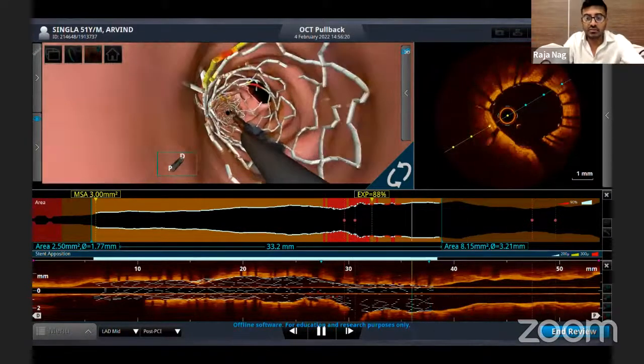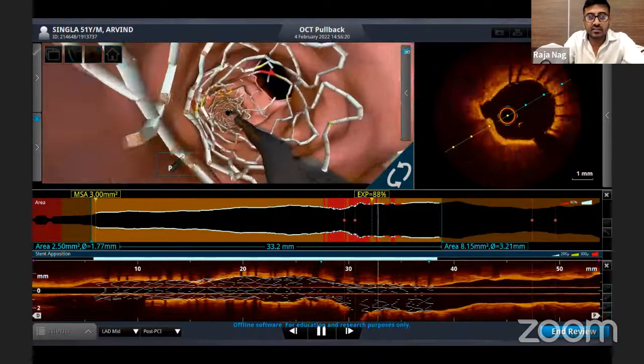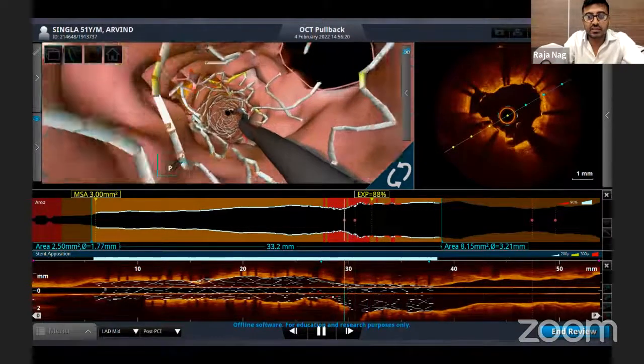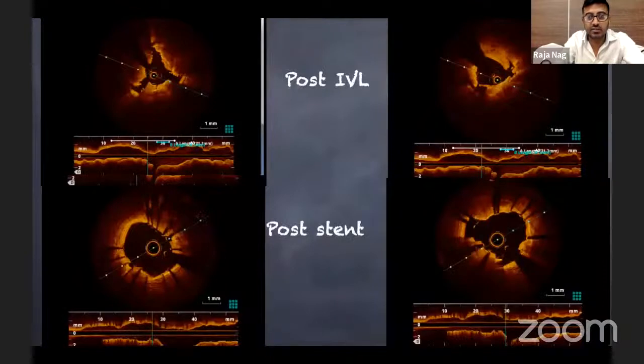It was well expanded, and there was no evidence of any malposition or underexpansion. We did go by the MLD MAX algorithm, and these are beautiful images of the post-IVL and the post-stent images where we could achieve significant lumen gain.